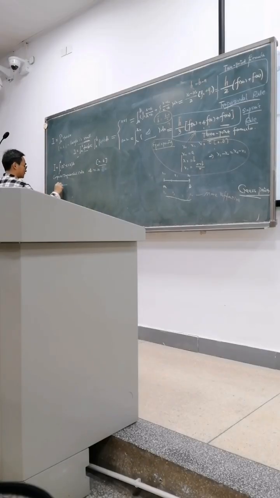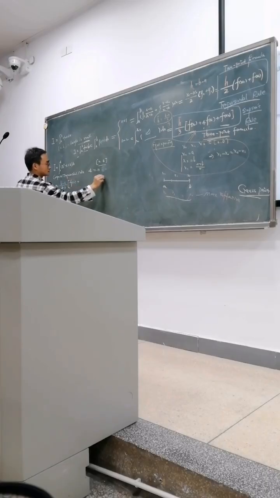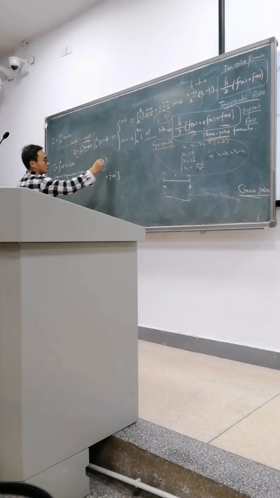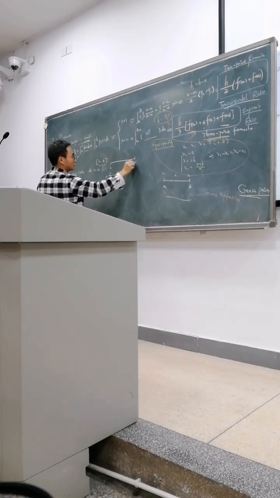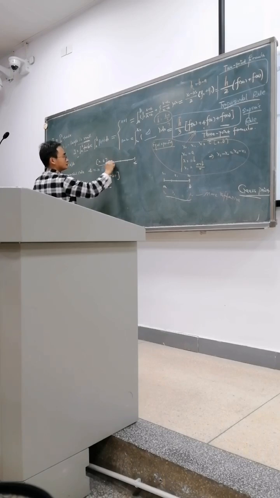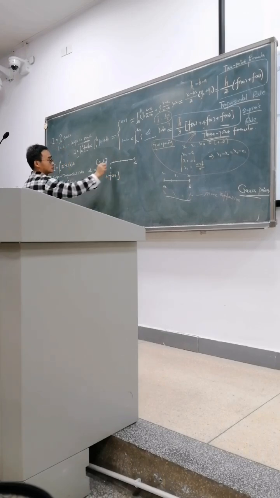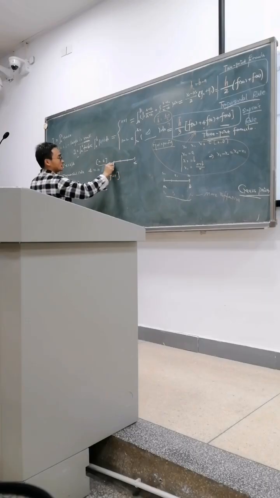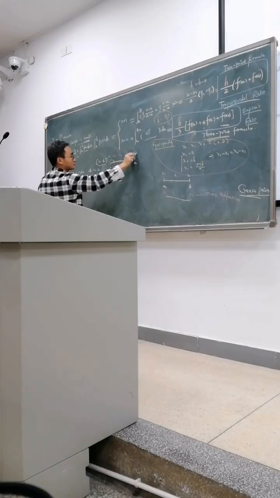So it's (b minus a) over 2n. Here is f(x0) plus the summation, f(x4), right? So the interval is 0 to 4. If we partition it into 4 subintervals, here this is x0, x1, x2, x3, x4.